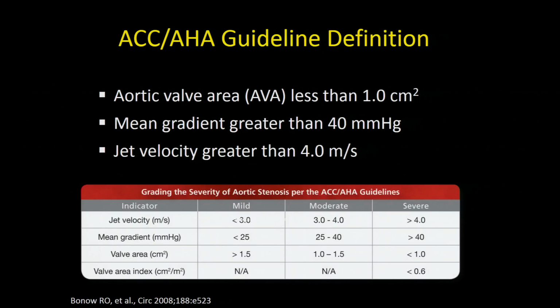There have been several different iterations of the guidelines that help us distinguish between mild, moderate, and severe aortic stenosis. This is a slightly older version, but I think it's a little bit easier to understand.